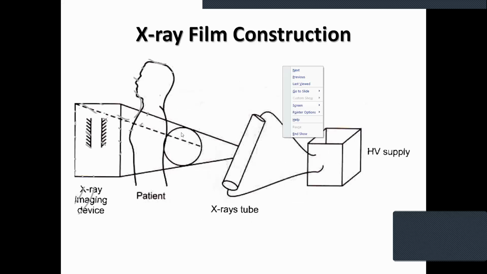Therefore, X-ray machines are able to show up high density parts well, for example bones and air-filled cavities. So X-ray machines are based upon the principle of X-ray film construction, which is shown in this picture.